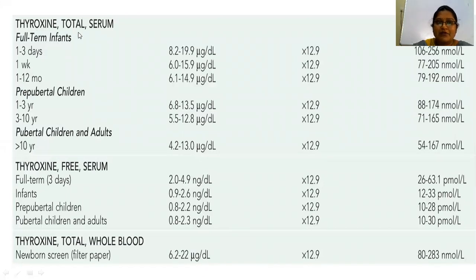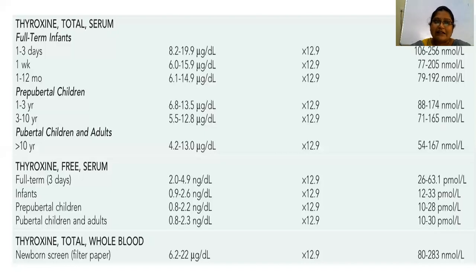Then thyroxine total. What happens is there is increased TSH during birth. That surge lasts for 48 hours, and it causes more production of T3 and T4.